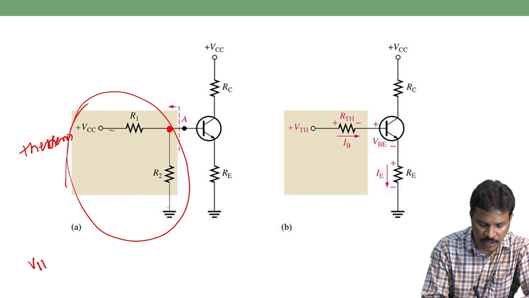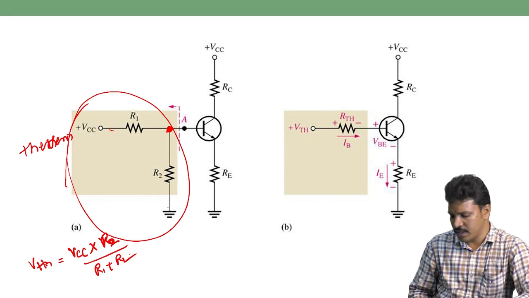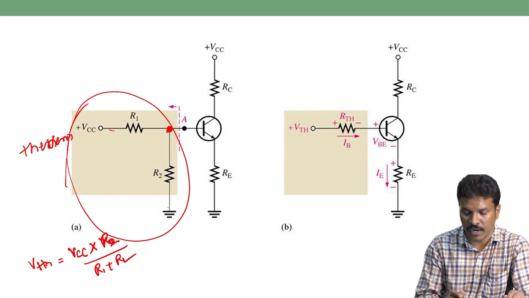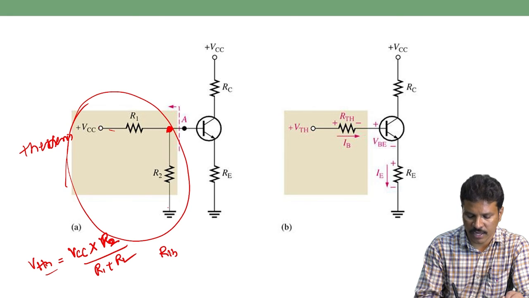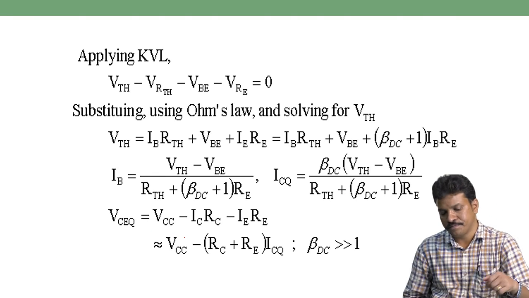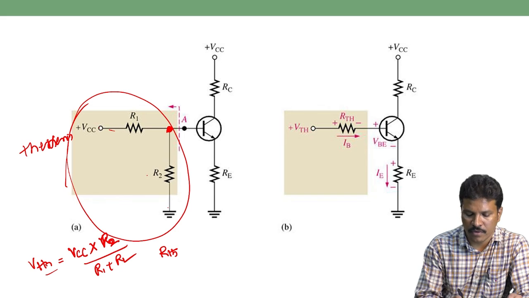VTH is nothing but the total voltage VCC into, if you want to find the Thevenin voltage here, the resistor R2 divided by the total resistance R1 plus R2. This gives us VTH. Then what is RTH? The RTH can be obtained for this left side network.